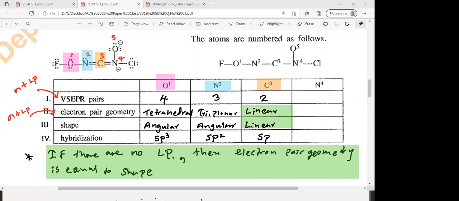Right. N4, there are 3 sigma bonds, no lone pairs. Therefore, the molecular geometry is equal to the electron pair geometry, or the shape is equal to the electron pair geometry. Therefore, it's trigonal planar. And this also is trigonal planar.